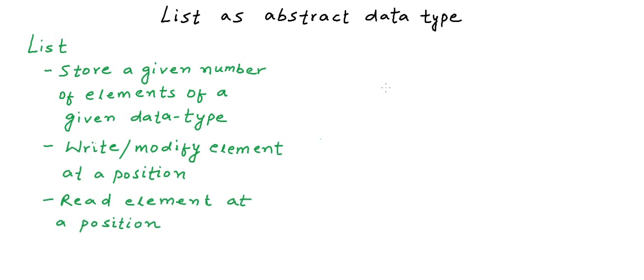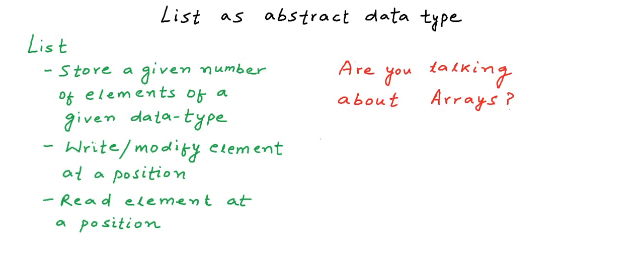So if I ask you for an implementation of such a list, and you have taken a basic introductory course in programming, then you'll be like, hey, I know this. An array gives us all these features. All these operations are available with an array. We can create an array of any data type. So let's say if we want to create a list of integers, then we declare the array type as integer, and then we can give the size as a parameter in declaration.